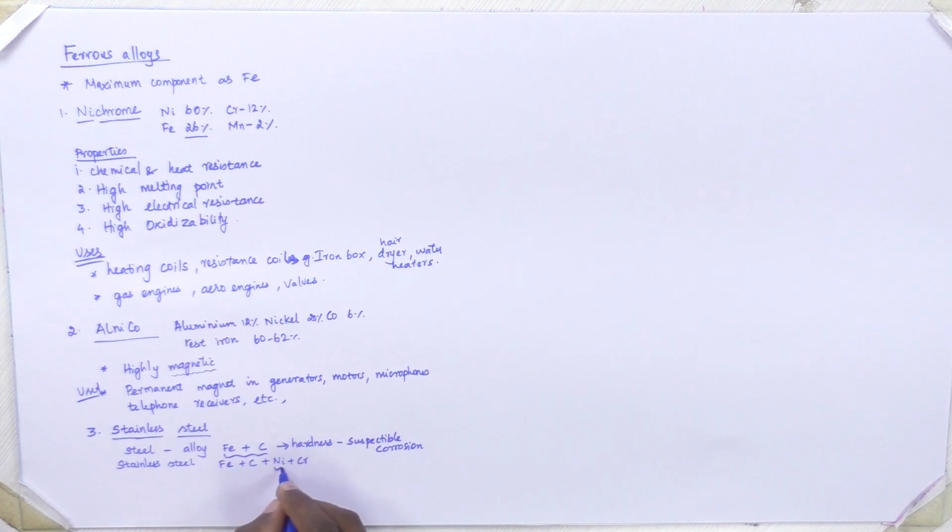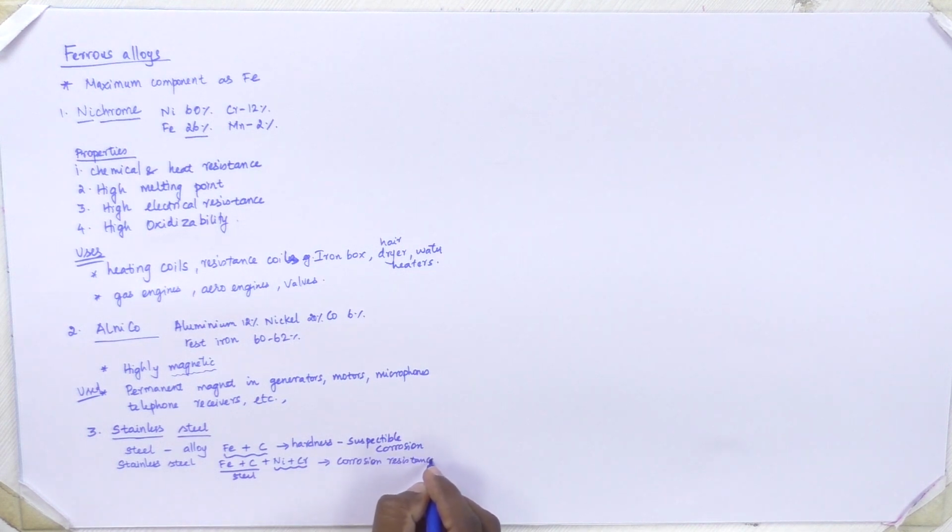When we add nickel and chromium to steel, it becomes corrosion resistant. So this will protect the iron metal from corrosion. How it protects is due to the presence of chromium. This chromium, when it oxidizes, becomes chromium oxide.